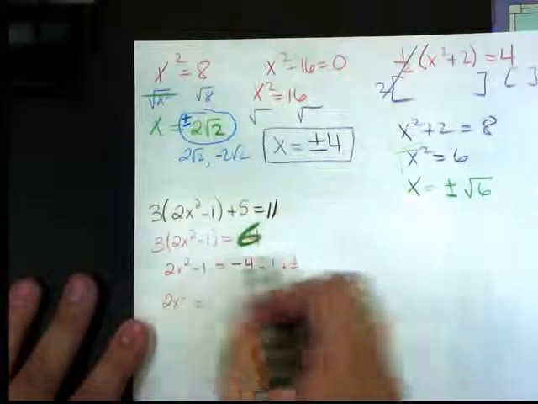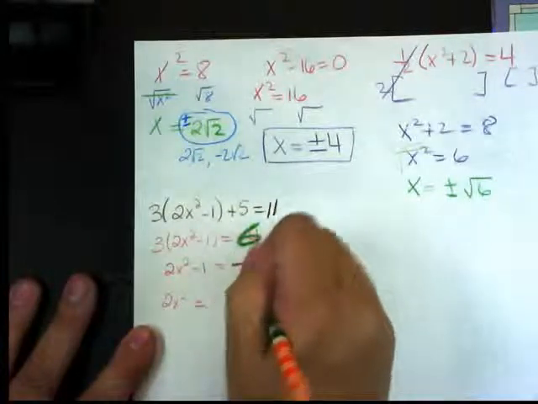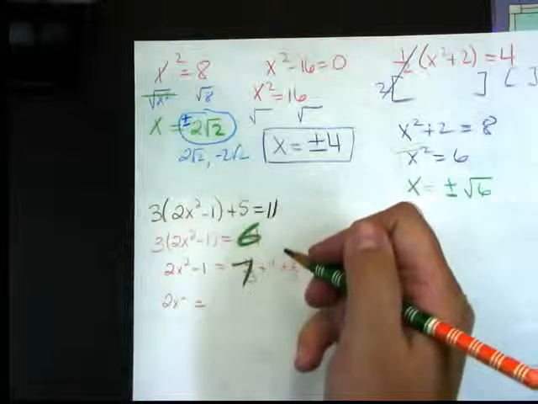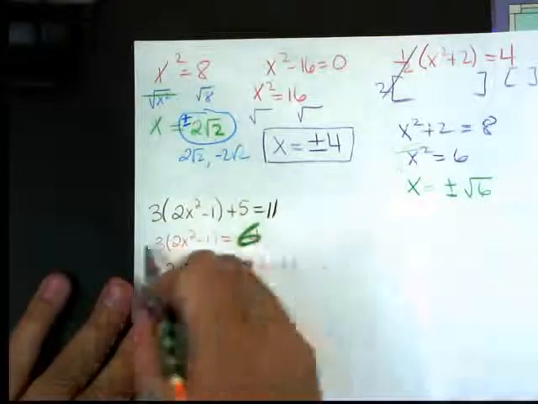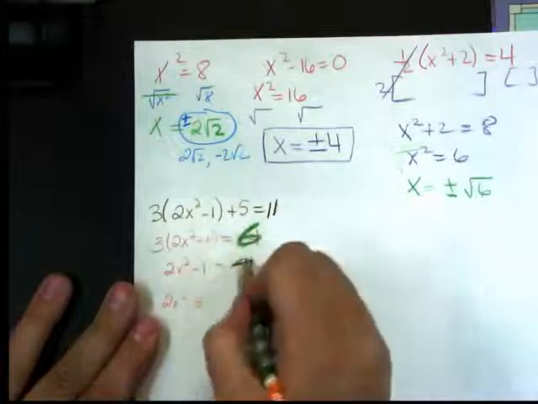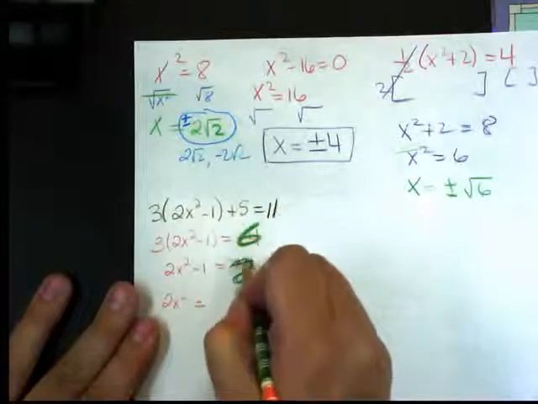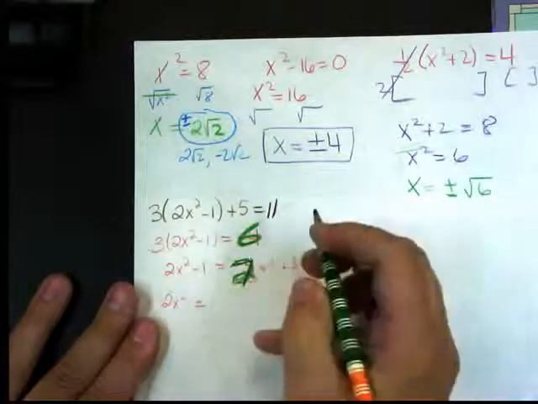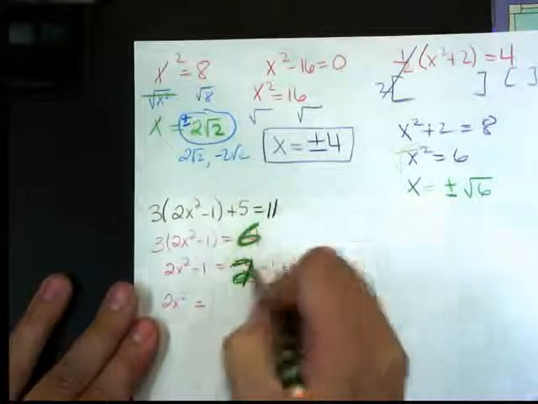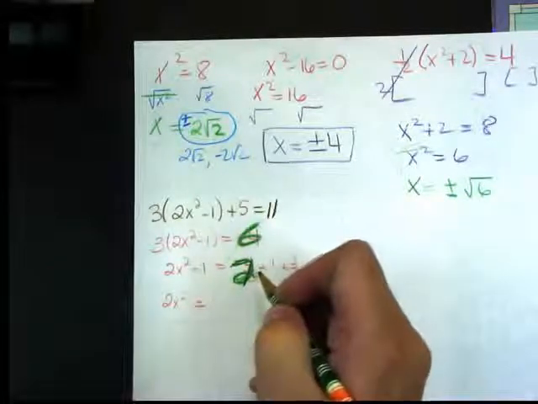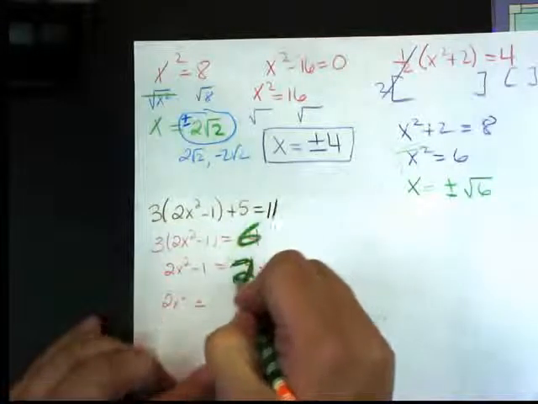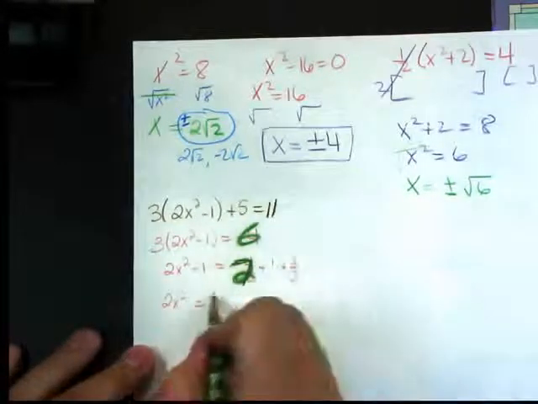Now when I add my 1, that comes out to a nice number. Or 6 divided by the 3, so we get 2. Now add the 1, we're going to get 3.